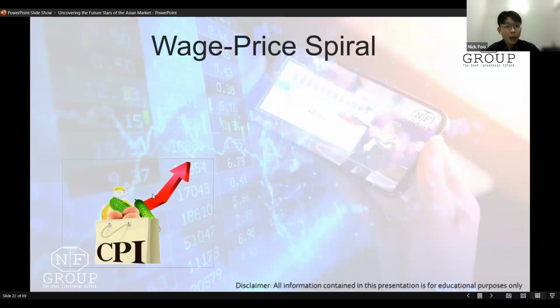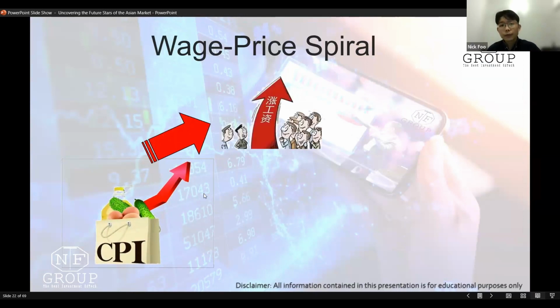Now we are undergoing high inflation. Correct or not? The US is having 40-year high inflation. So when we have high inflation, then we will have what? Workers' strikes. They ask for higher pay and an increment.